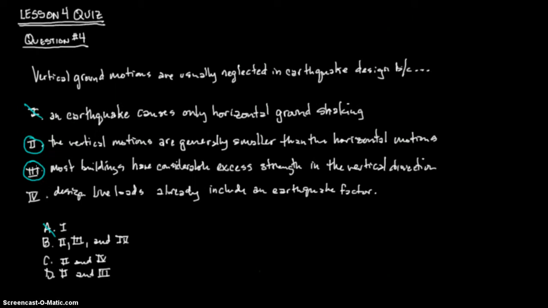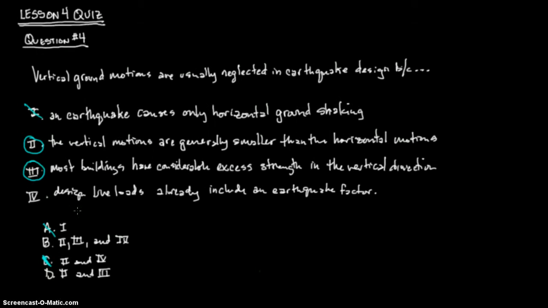If you have an office building, it's never going to see the actual live load it's been designed for, because you're not seeing 75 pounds per square foot in 99% of that building. That's why they reduce the live load, but even then you have considerable strength in the vertical direction. So it could be 2, 3, and 4, or definitely not C, because that doesn't include 3.